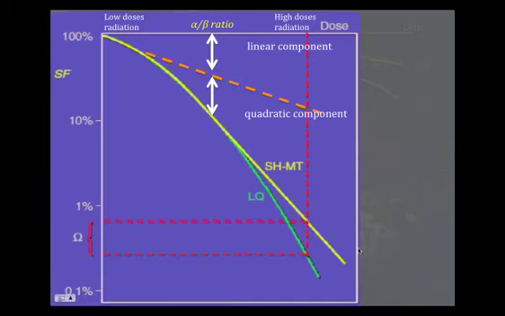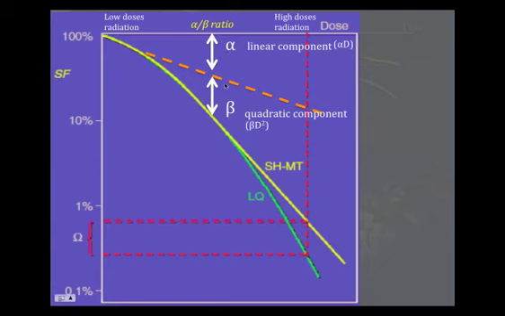And we are going to see this here. I know it sounds complicated, but basically this green line here is the linear quadratic model. The yellow line is the single hit multi-target model. And what we are seeing here is the very popular alpha-beta ratio, which I'm sure everybody has already heard about.